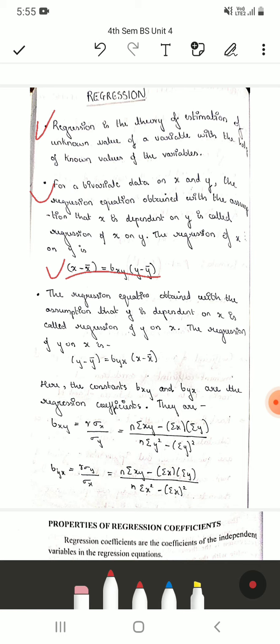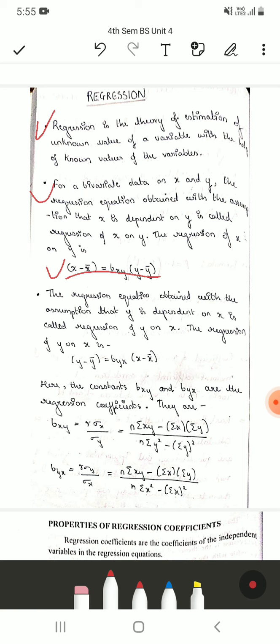That is, if there is any change in y, then there is a change in x. Suppose x is height and y is weight, then we can say as height increases, weight also increases. So one variable is dependent on the other.